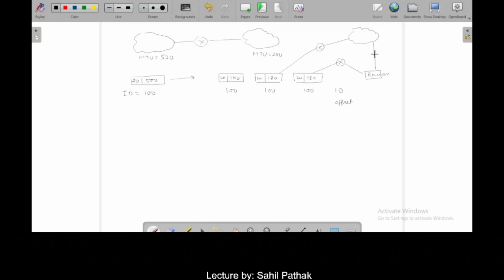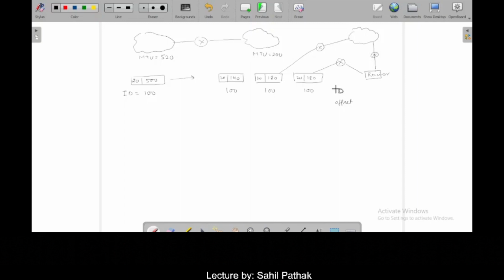So if it is something like that, so उस केस में आपके पास क्या है, it is possible कि आपके पास फ्रेगमेंट यहाँ रिसीवर एंड पे आउट ऑफ ऑर्डर मिले, मतलब कि हो सकता है जो बाद वाला फ्रेगमेंट है वो पहले मिल जाए और पहले वाला फ्रेगमेंट बाद में रिसीव हो। So by just looking at the identification number, we cannot identify the sequence of the fragments.